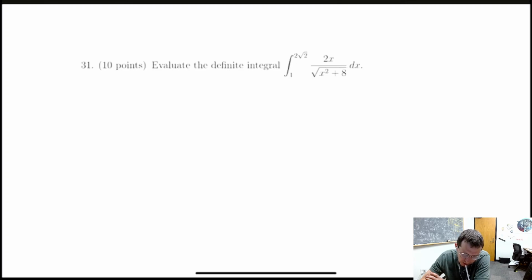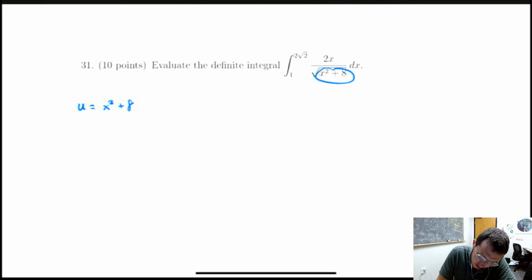The third method was U substitution. And this looks like an excellent candidate for a U substitution because I see an expression, the x squared plus 8, and I also see its derivative, which is 2x.